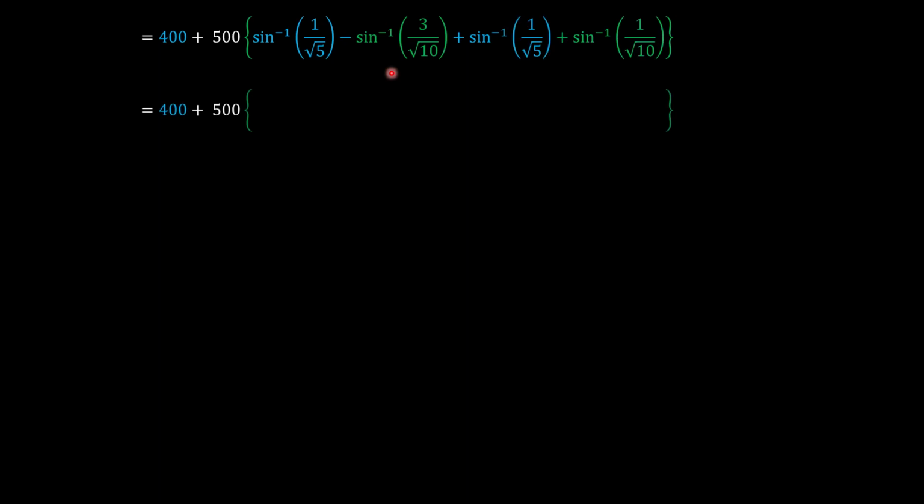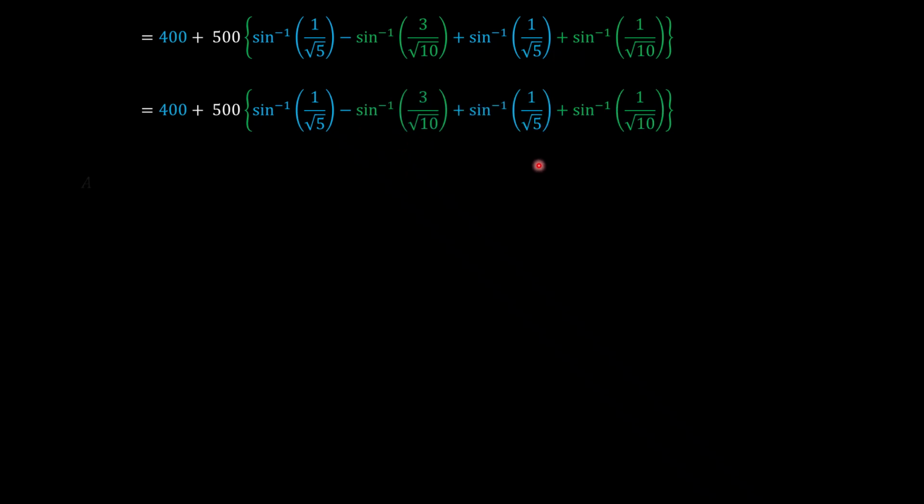Okay, so what we see here, we see that arc sine 1 over root 5 minus arc sine 3 over root 10 can be, let's group that into one thing. Let's call this A. And then the second combination as B. And that's what we do.